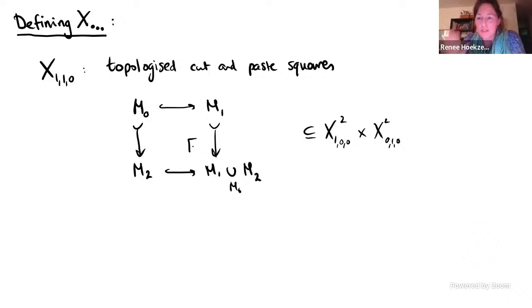Okay, so there's a lot to define in the trisimplicial space. So x110 is a topologized version of my cut and paste square. So that's like the front faces. If I have such a square, it's in particular made up out of 4 maps. So this is a subset of x100 squared times x010 squared. And I topologize this as a subspace.